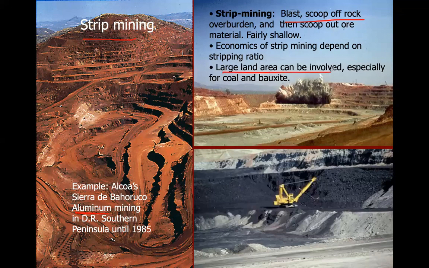So for coal and bauxite, it's recommended, I think. The reason is coal, you know, it's very extensive, right? Not horizontal. It's almost, yeah, it's almost horizontal, but not very thick, like in gold mines. So therefore, you can go for a large area to find the deposits.